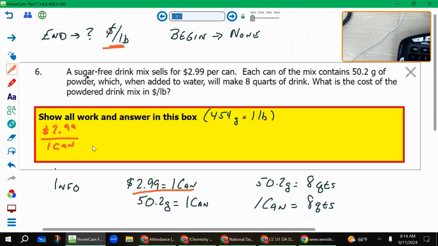So in reality, I need to go from can to pound. Now, I gave you this conversion, correct? I can get to pounds if I get into what unit? Grams. So is there anything down here that relates grams and cans?